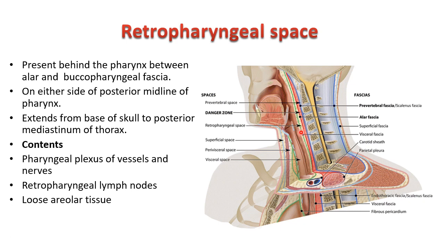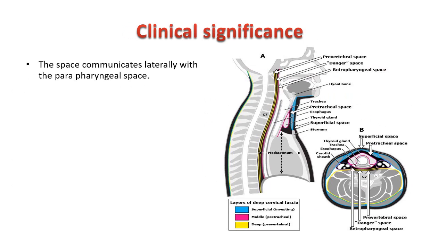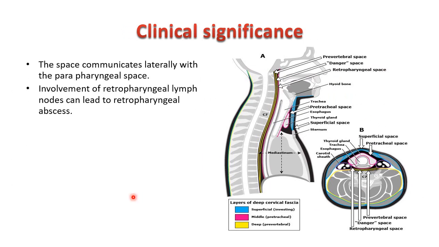So mainly this space is infected by the suppuration of these lymph nodes. So when these lymph nodes are infected, then naturally what happens is retropharyngeal lymph node infection leads to retropharyngeal abscess. So swelling, formation of pus in this space. Okay, retropharyngeal abscess. And what happens is that the retropharyngeal abscess might actually enlarge anteriorly, involving the posterior wall of the pharynx.